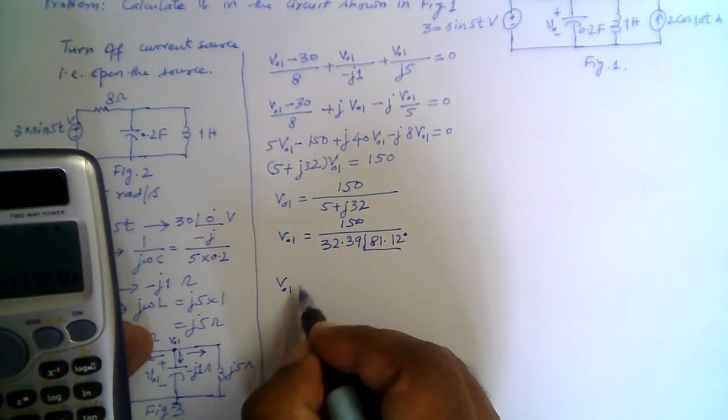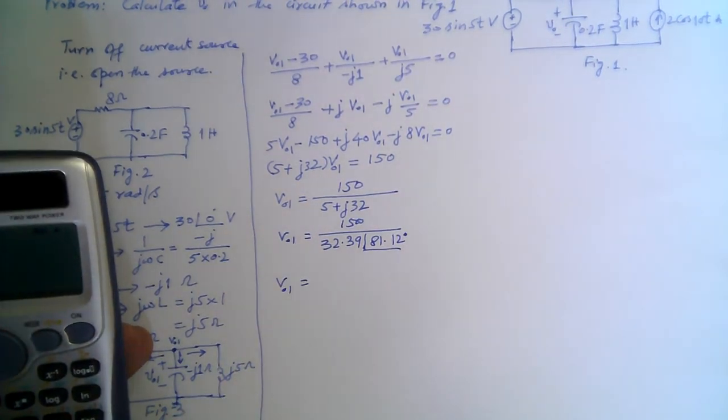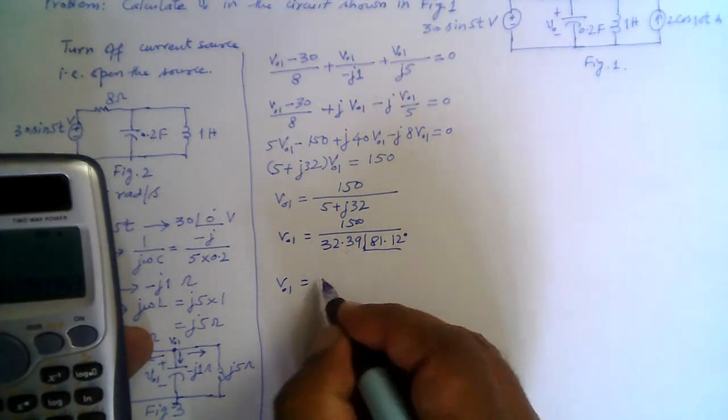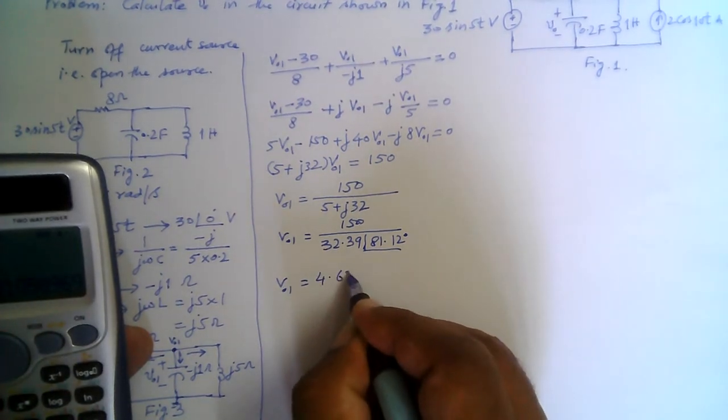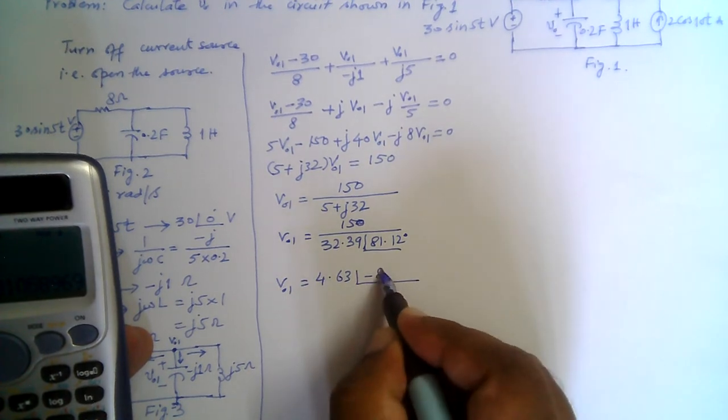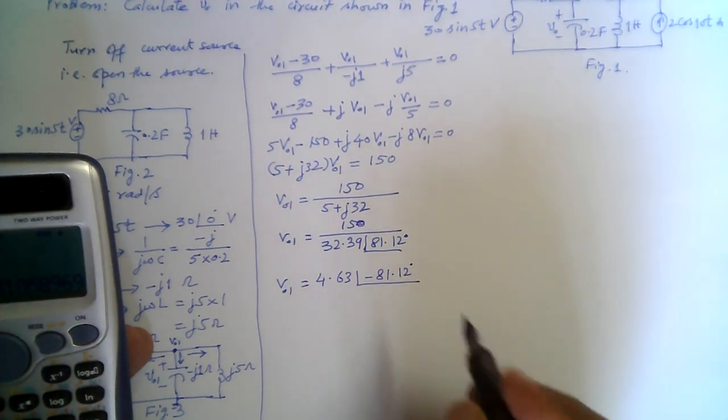So V01 is equal to 150 divided by 32.39, and that is 4.63, right? And angle is minus 81.12 degrees volts.